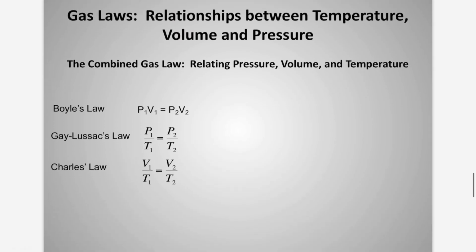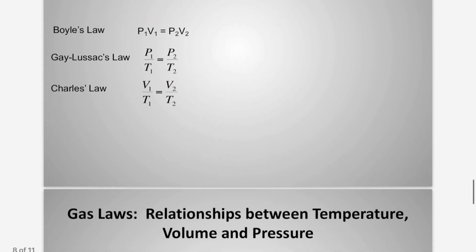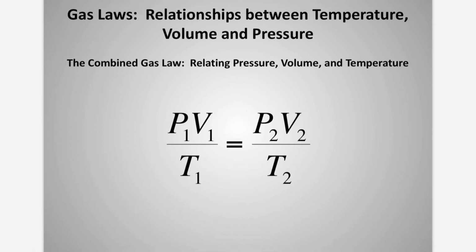So basically what the combined gas law is doing is it's taking Boyle's law, Gay-Lussac's law, and Charles' law and combining it all into just one equation. And so in the combined gas law equation, we have pressure 1 times volume 1 divided by temperature 1 equal to pressure 2 times volume 2 divided by temperature 2.